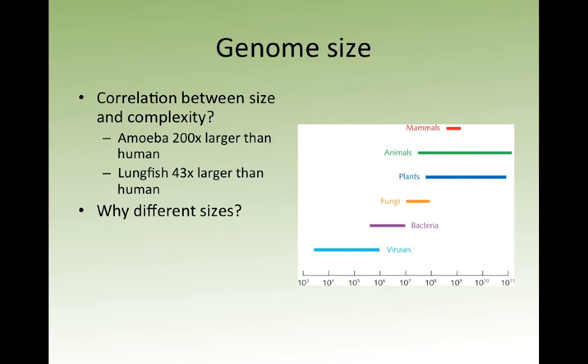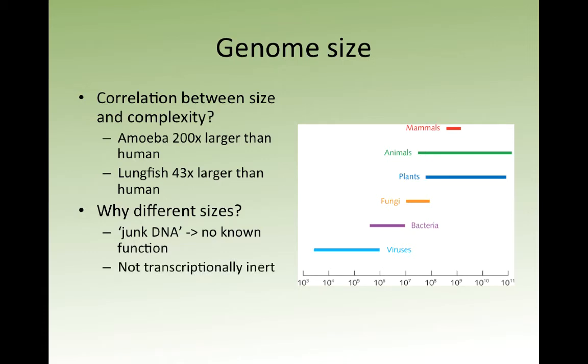So why the different sizes? We've talked a lot about what might drive different sizes in genomes, particularly the role of repetitive elements or junk DNA. Traditionally it was called junk DNA, as we've discussed in class, because we didn't know if it had any function.